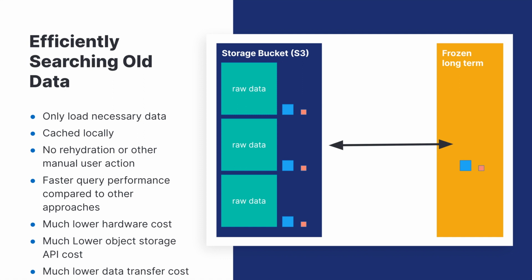So instead of fetching the whole raw data from this bucket, we just fetch what we actually need. It could be specific fields, it could be specific indices for these fields, whatever makes the most sense, whatever is the least amount of data possible. So we fetch this data, save it locally to a cache, and if you run a similar query again, the access is much faster since it's already cached.